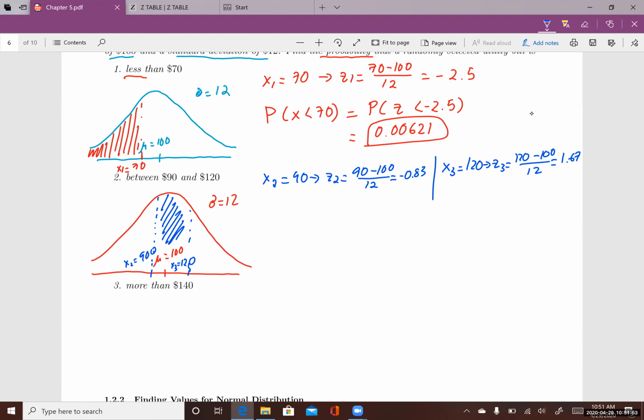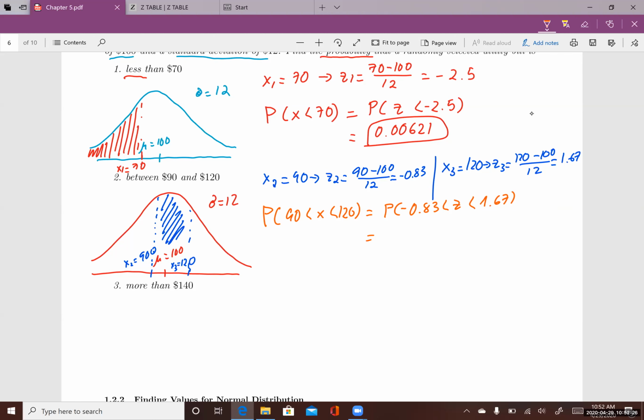Okay. So again, the probability in between is the same as the bigger probability subtract the smaller probability. So the probability that x is in between 90 and 120 is the same as the probability of z in between negative 0.83 and 1.67.